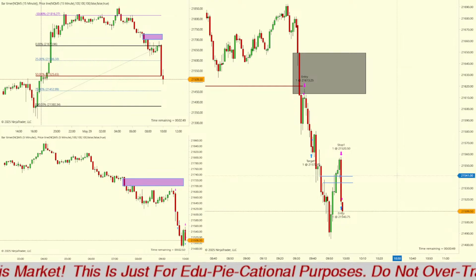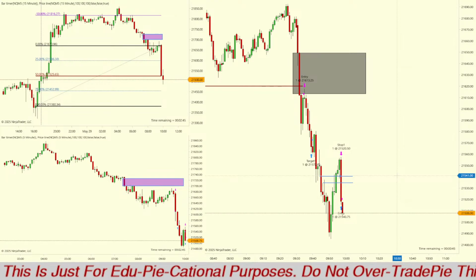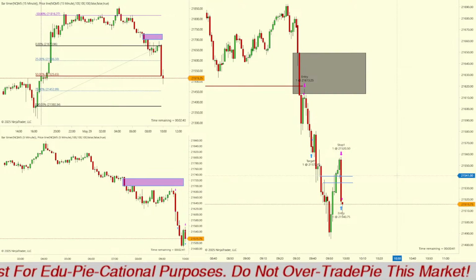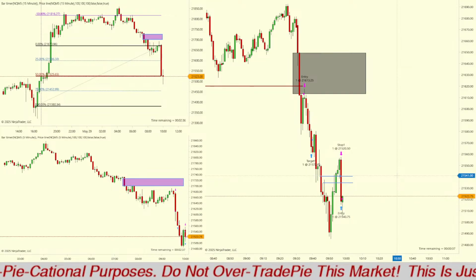Okay, not a problem. We can still look for an entry for another position, and we're still in profit from the first trade.